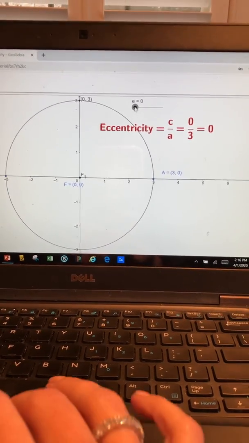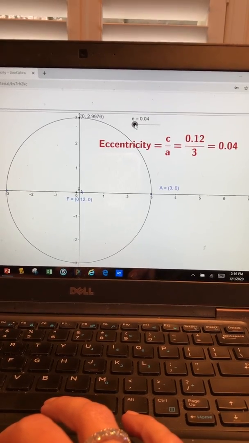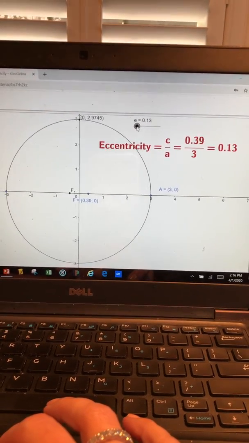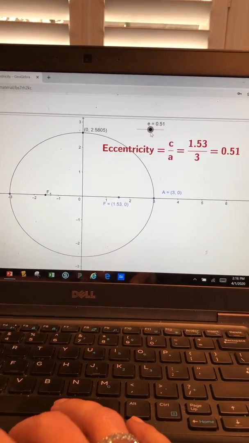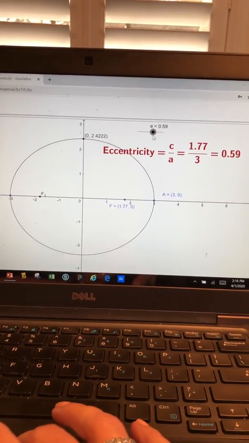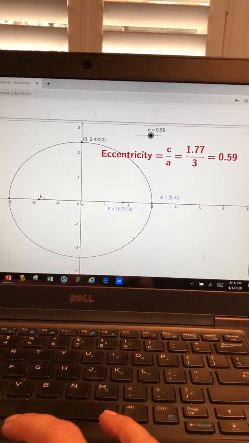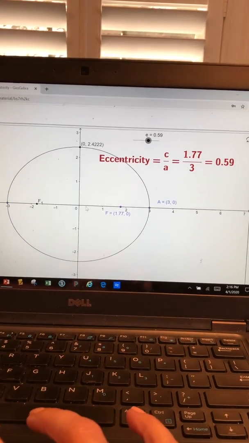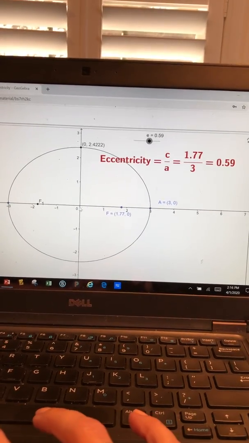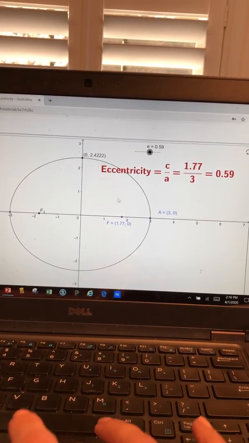Okay, now as I move E, so I make the eccentricity a little bit higher, you can see that I start to become more and more oblong. And notice, look at the focal points, right? The C distance is from the origin or the center of the ellipse here. This is the distance C, and this whole distance here is A. Remember, A goes all the way to the vertex.